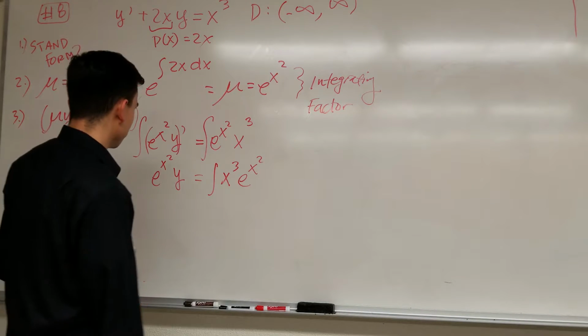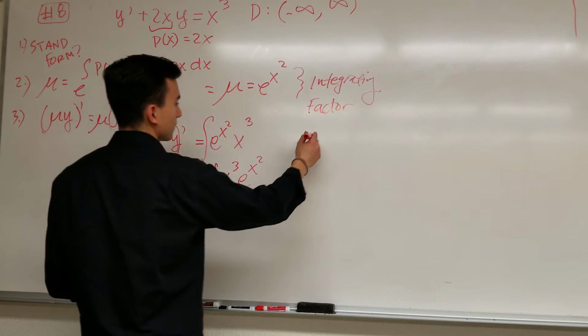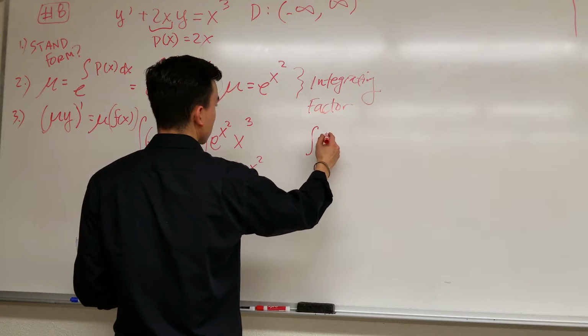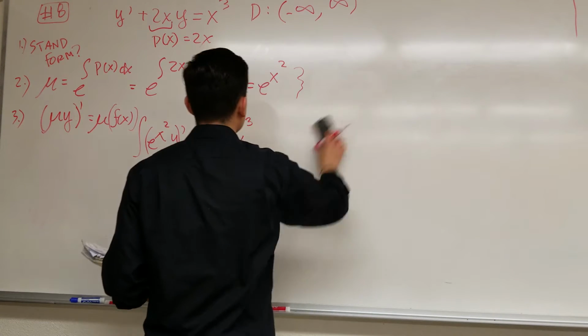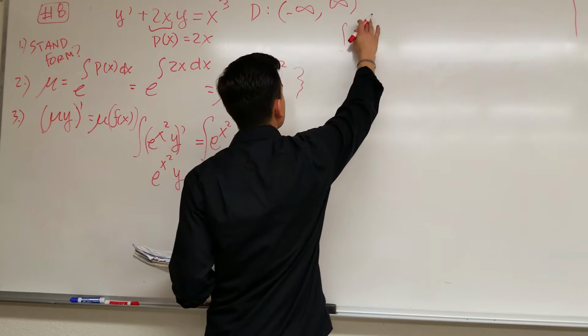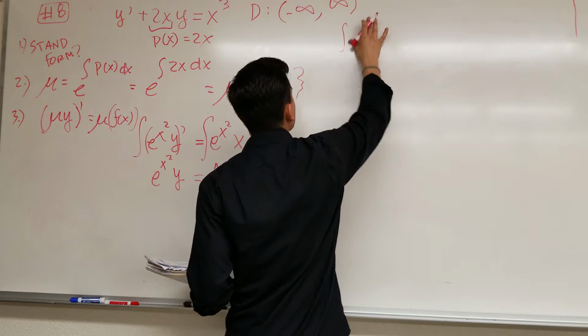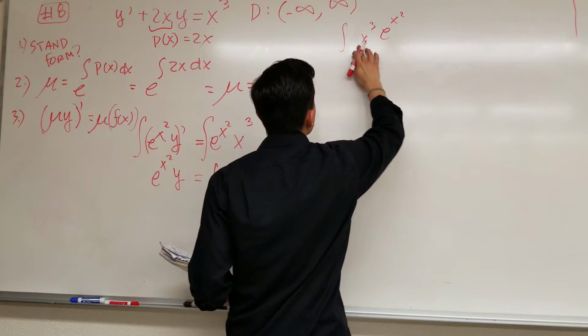If I take a look at this on its own, that's x cubed times e to the x squared.